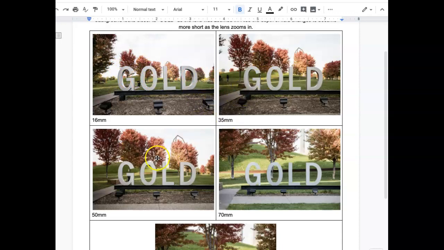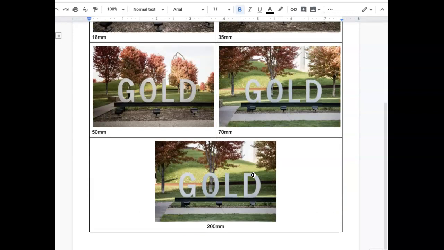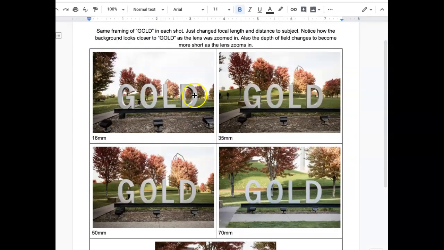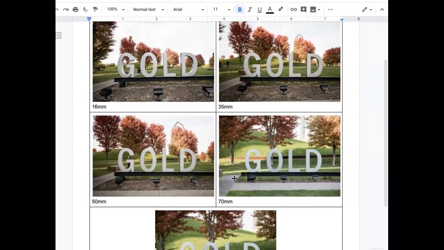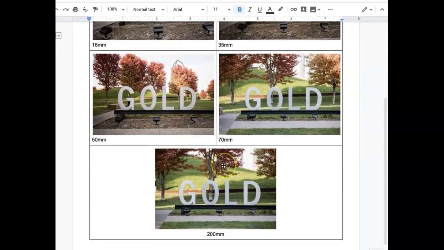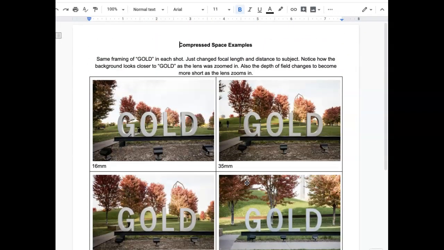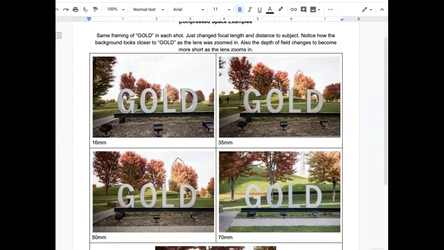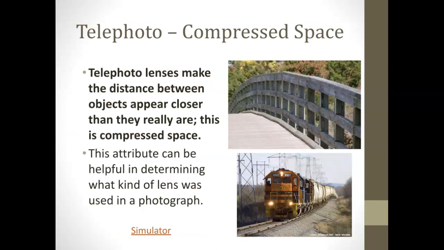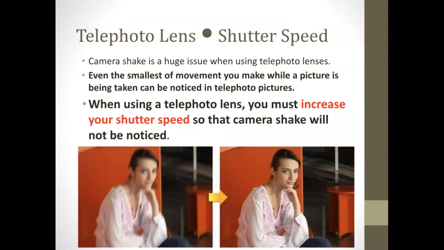As I go to 35 and 50 and 70 and then all the way to 200, those trees look much, much closer. You're also going to notice that the background gets more and more blurred the more that the camera got zoomed in. So using a different type of focal length can really change how the background relates with your subject and how you really begin to see how things get warped or not warped in your picture.